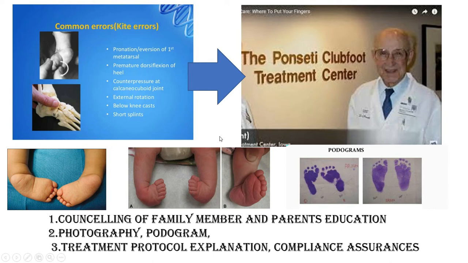So Dr. Ponseti studied a lot regarding the pathoanatomy of CTB. He thinks that Kite described the method with the idea that the main problem was in the Lisfranc joint. He thinks the Lisfranc joint is the culprit joint which gets deformed.